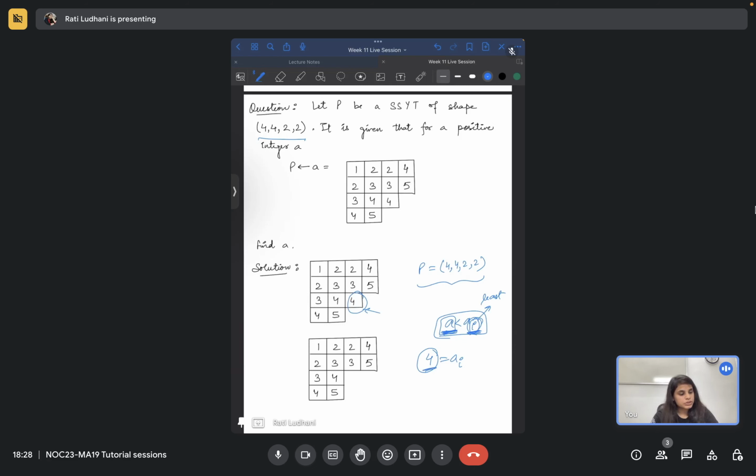So you are looking at these three elements. Now think about what would have happened at the time when you inserted a. Then ai will be replaced by a when ai is bigger than a. Okay, so you are with 4.